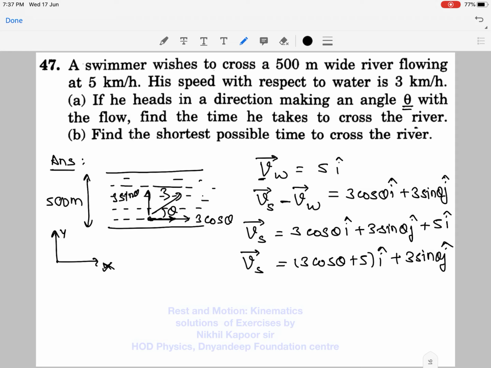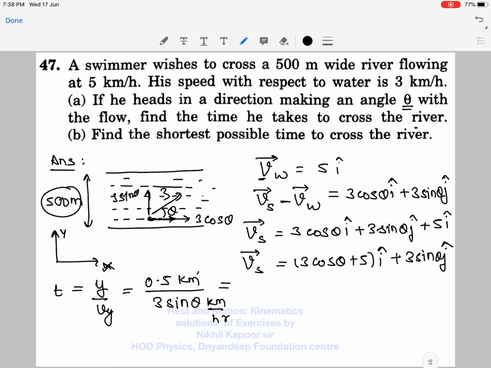Now how much time will it take to cross the river? Along the y-axis, that is 500 meter. So the time will be equal to distance upon speed. The displacement in y direction is 500 meter, that is 0.5 kilometer, divided by velocity in y direction, 3 sin theta kilometer per hour.